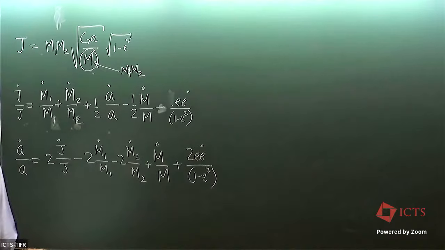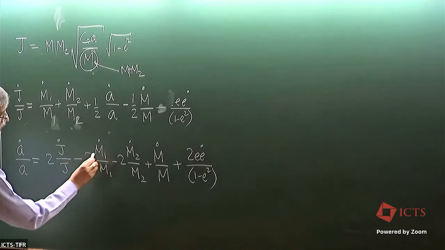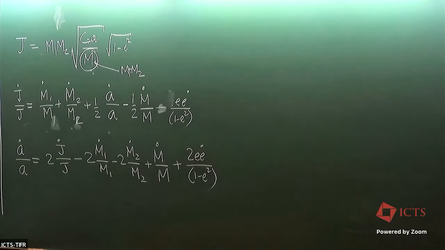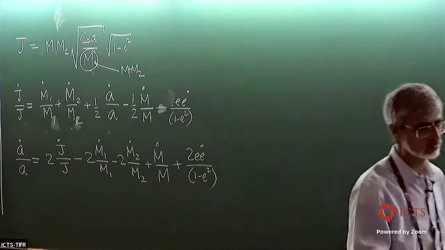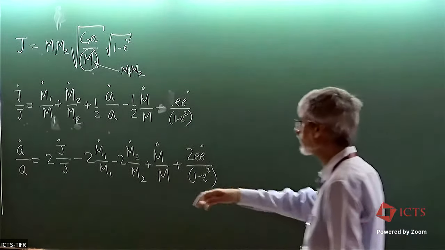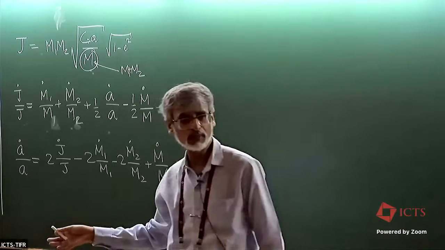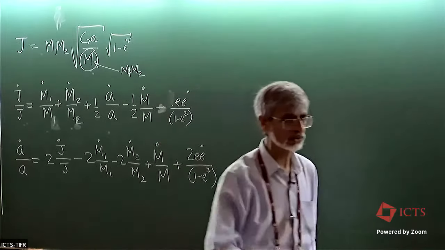So let us say that I have the star M1, which is the one which is losing mass, right? It is losing mass to the companion, and it may be losing mass also from the system.